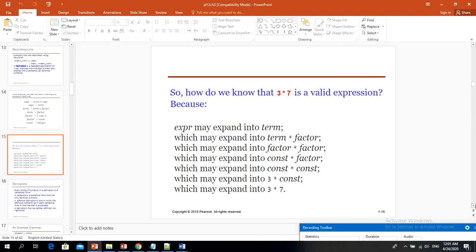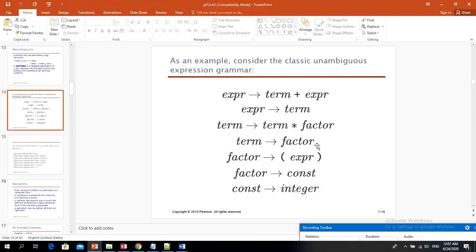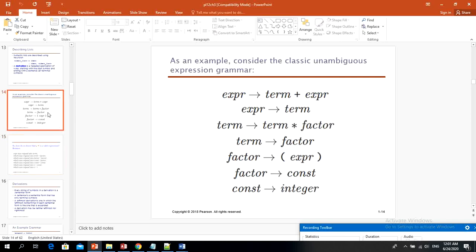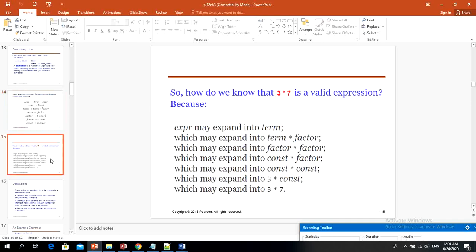For example, expression may expand into term. How do we know that expression expands into term? Because if I go there, this one here, it says expression may expand into term. Expression here, this is the second one. Expression may expand into term, and so on.